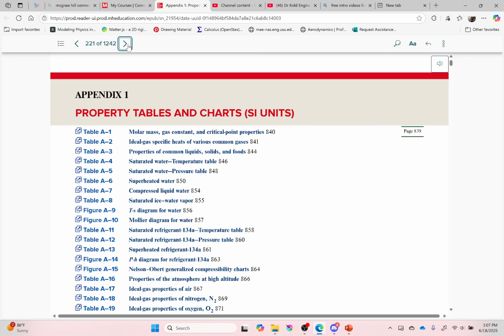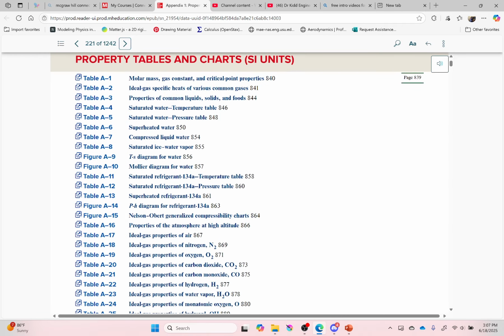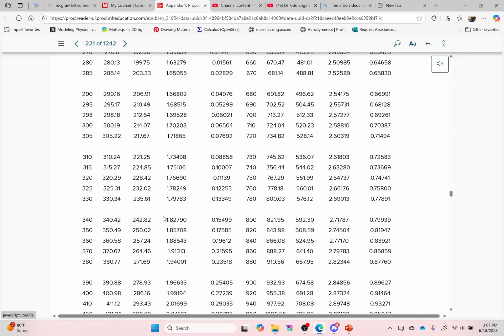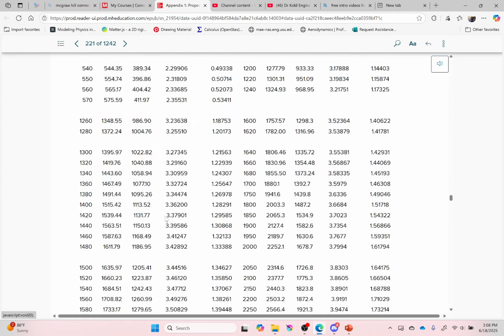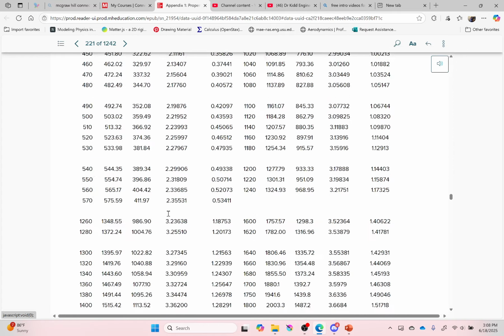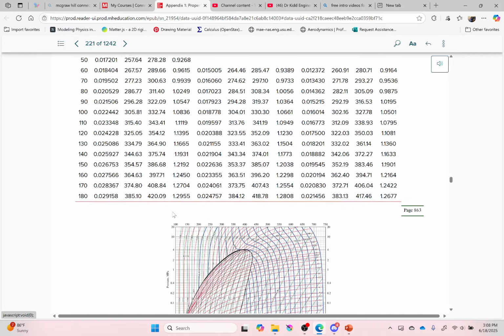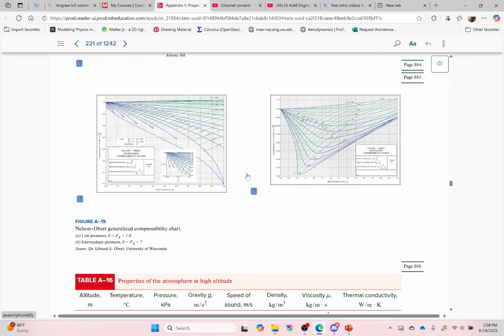Okay, so here we are in our appendix for our textbook. We go down to figure A15, which is our Nelson-Obert generalized compressibility charts right here. And did it go far enough? Doesn't look like it. I'm at A18, went too far, okay. They really need to fix that HTML. But here they are. So it all depends on what you know.